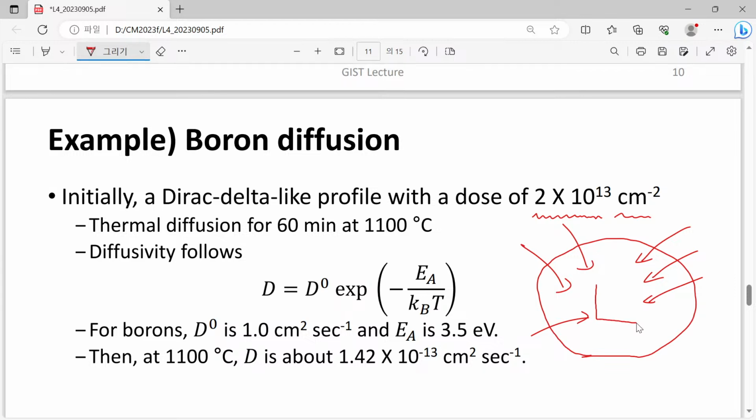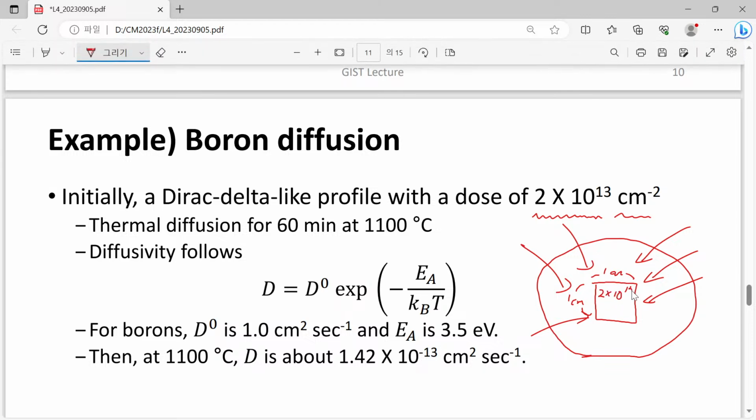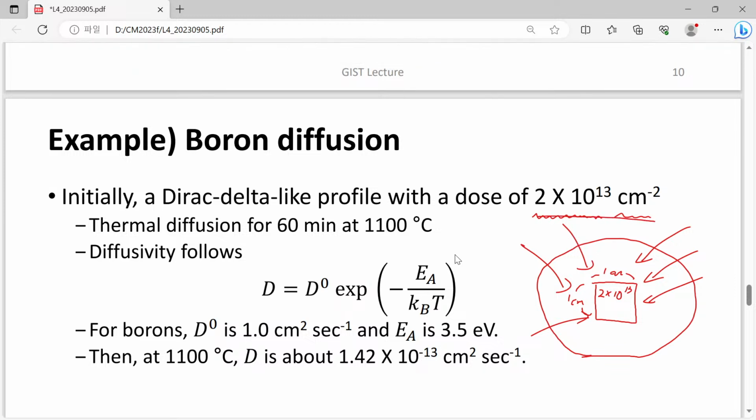Here 2 times 10^13 means that if we have this small 1 centimeter by 1 centimeter square, then we can find 2 times 10^13 impurity atoms injected from the external world. So this is the areal dose we want to have.